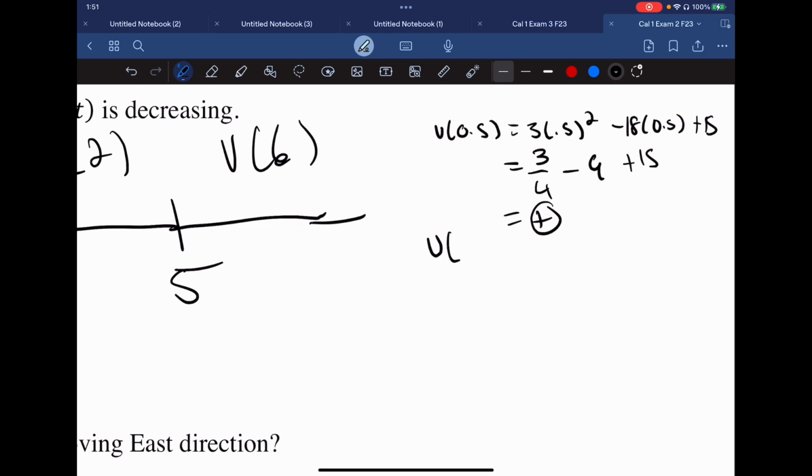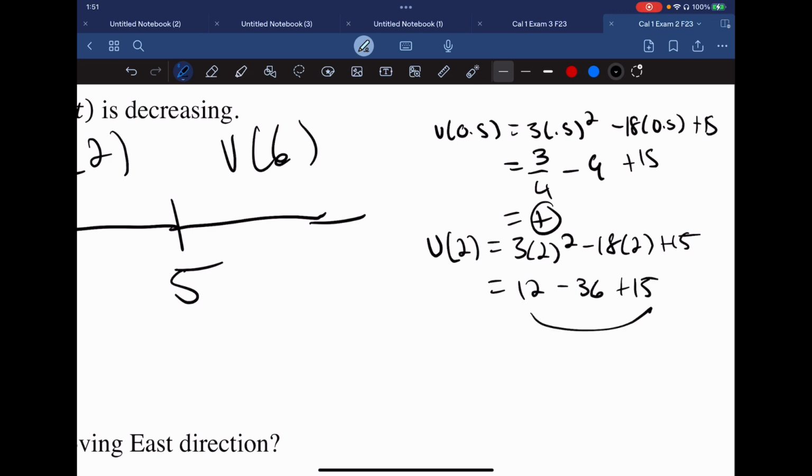Now let's look at v of 2. 3 times 2 squared minus 18 times 2 plus 15. Right, so this is going to be 12 minus 36 plus 15. And these two equal negative 24, which is not enough to make it a positive number, so it is a negative number. Now let's look at v of 6.